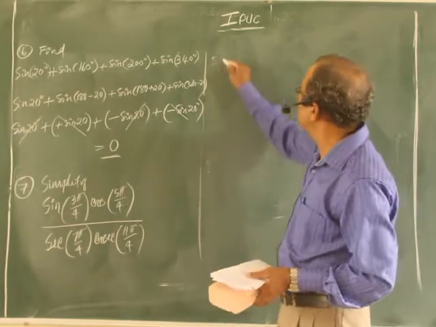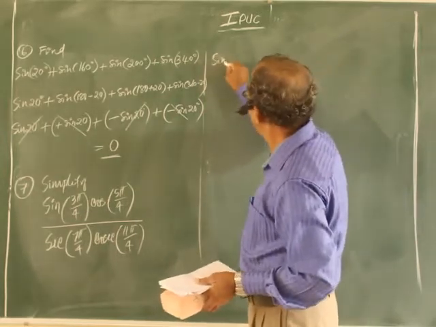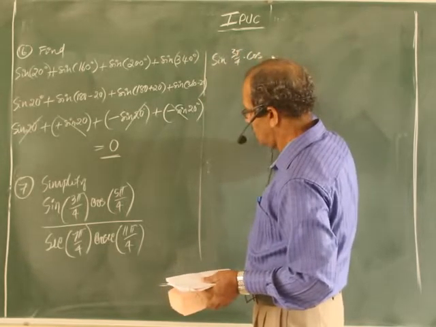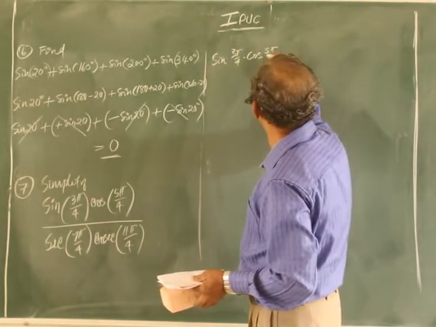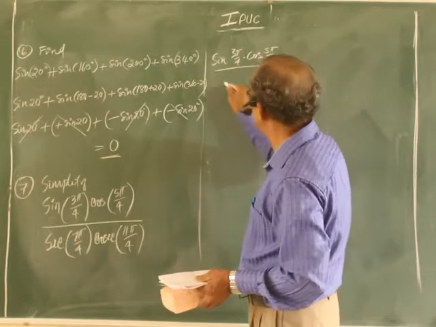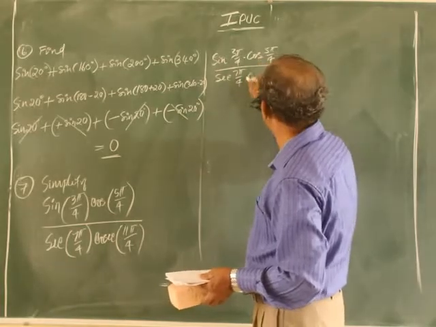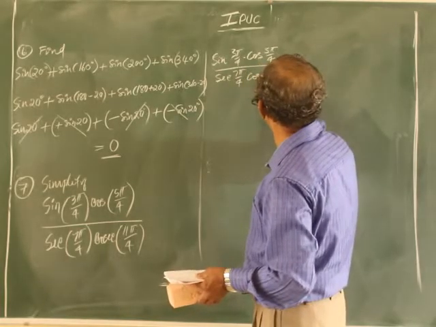Carefully simplify this: sin 3 pi by 4, cos 5 pi by 4, secant 7 pi by 4, cosecant 11 pi by 4.